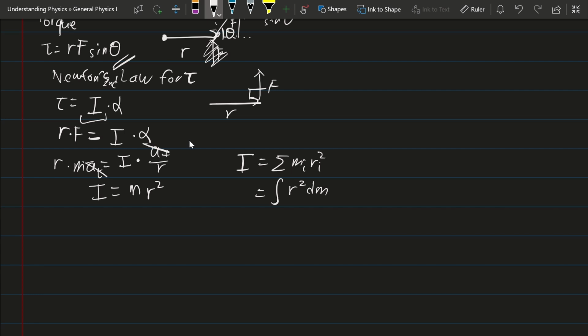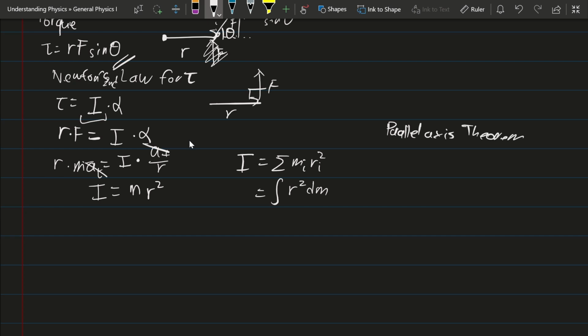So, in order for us to understand this much more fully, we will discuss one of the most important formulas for you to use, which is something we call the parallel axis theorem.